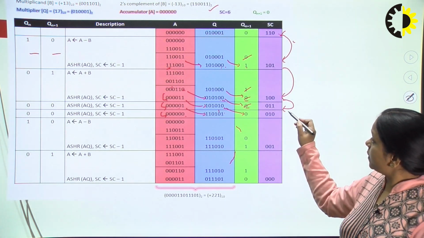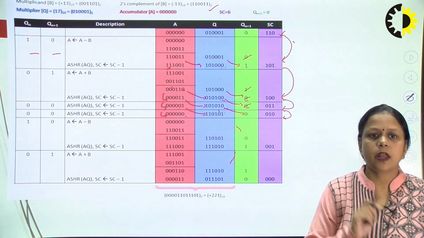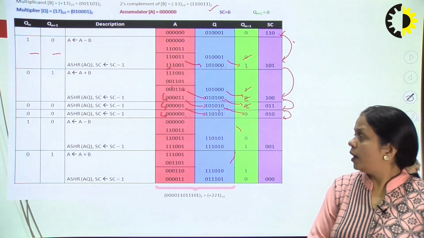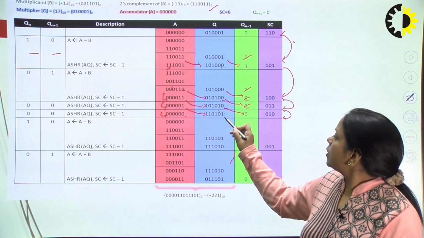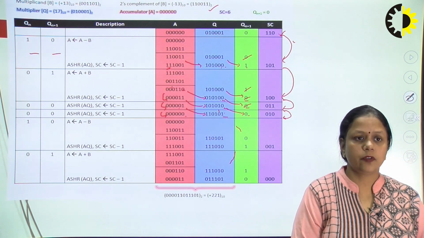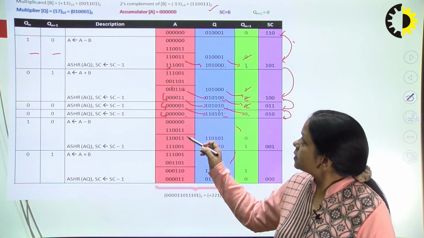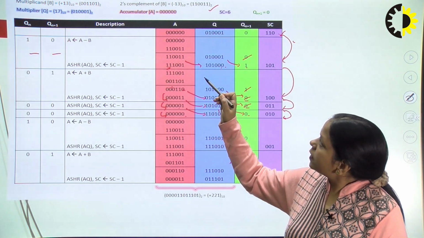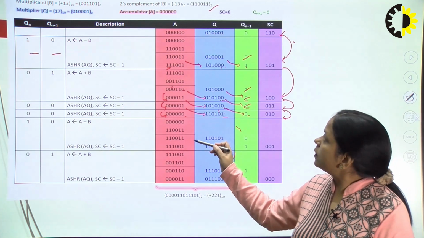Now, the next step is to reduce the value of the sequence counter. Now, the value of sequence counter is 0, 1, 0. Again we will check the value of Qn and Qn plus 1, which is 1, 0. In the case of 1, 0, we will subtract the value of B. In this case, the value of B is 0, 1, 1, 0, 1, and the complement of 0, 0, 1, 1, 0, 1 is 1, 1, 0, 0, 1, 1, 1.